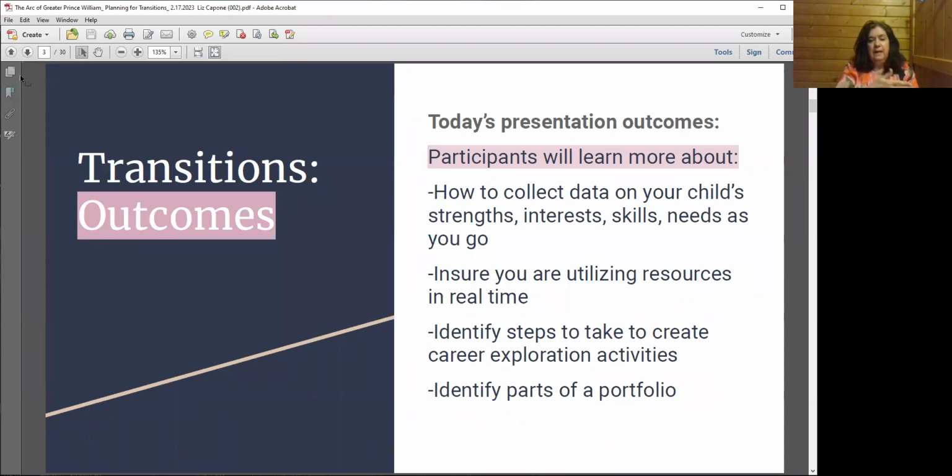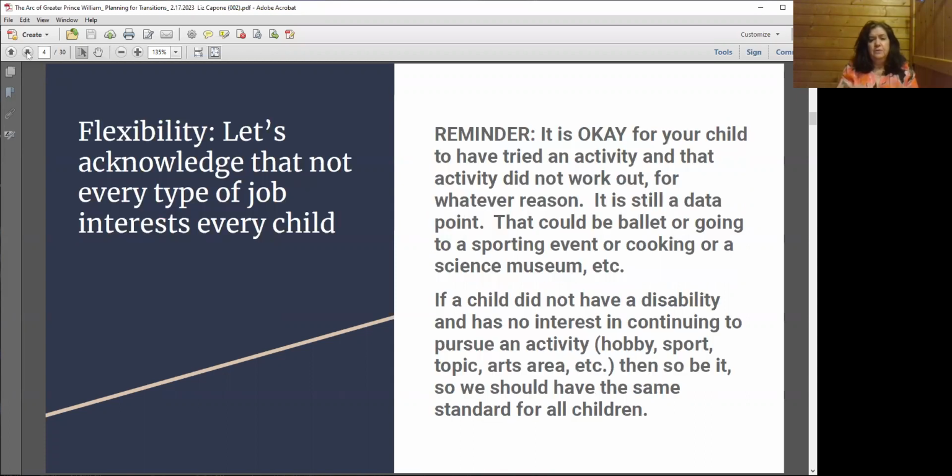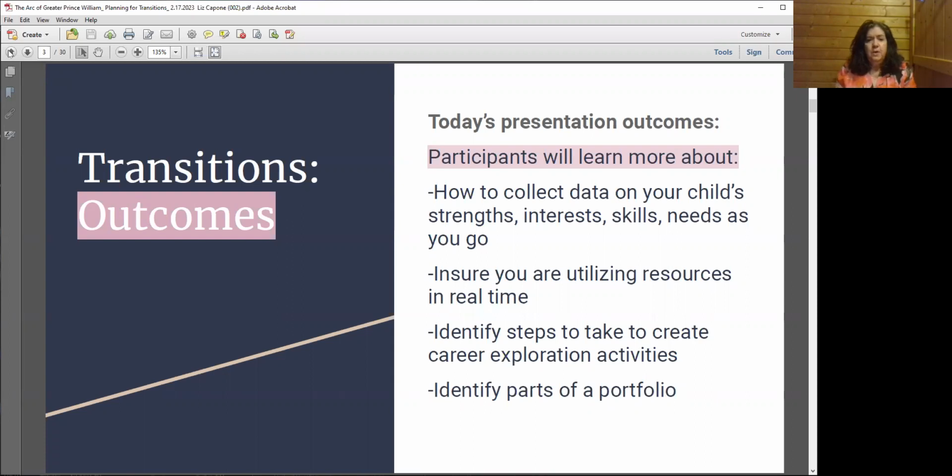So we want to let children and teenagers, young adults have different opportunities, and we really need to help facilitate those opportunities. And then the last part is a portfolio. I know that could be digital, that could be paper, but have that sort of data collection center that tells the story of your child. Okay, next slide, please. Thanks.